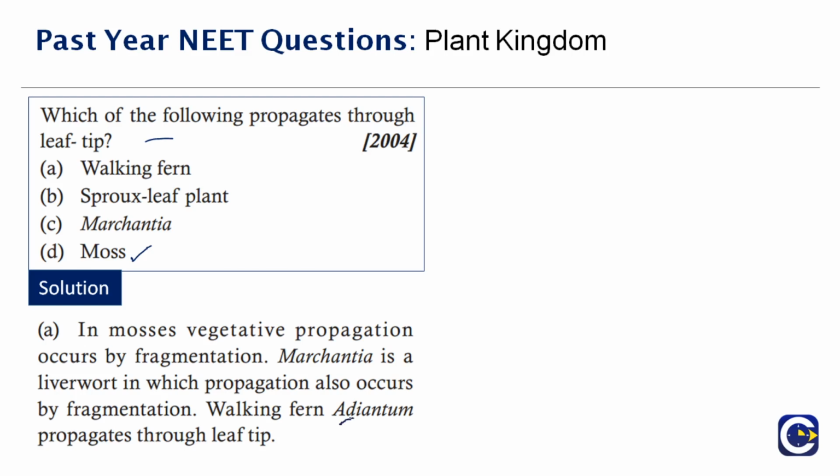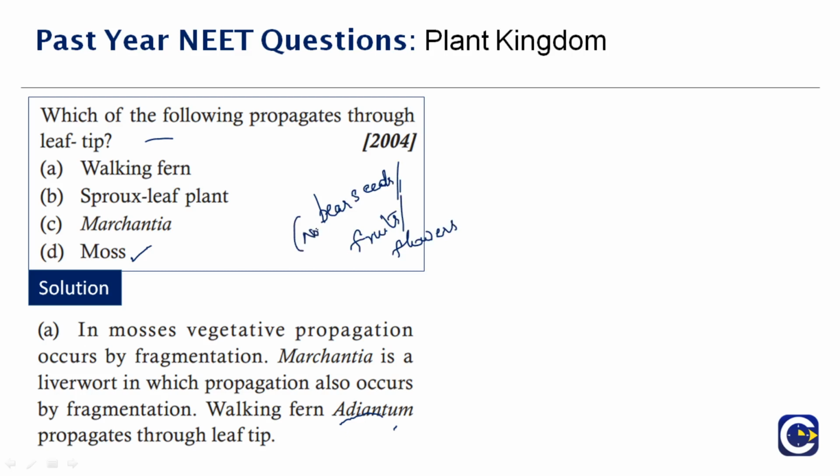Walking fern, that is Adiantum. So they have given an example here of a walking fern. This is the commonly seen walking fern in many areas. Okay, so here if you see, they propagate through the leaf tip. Ferns are usually plants which do not bear any seeds or fruits or flowers.